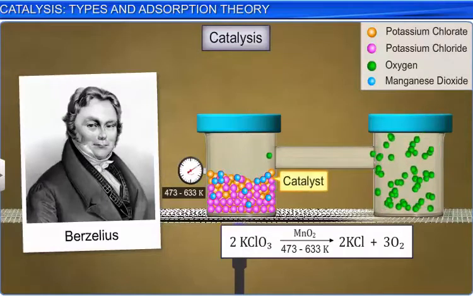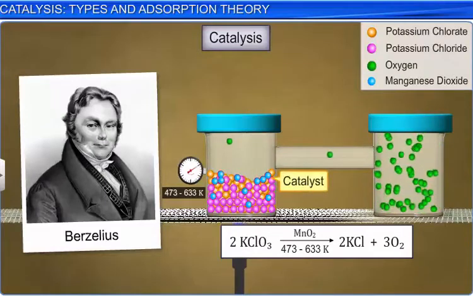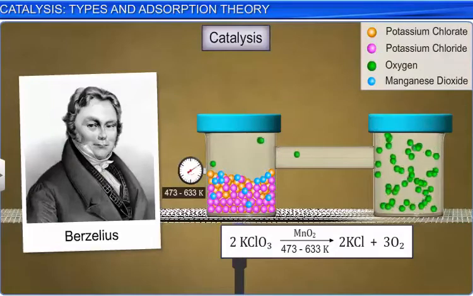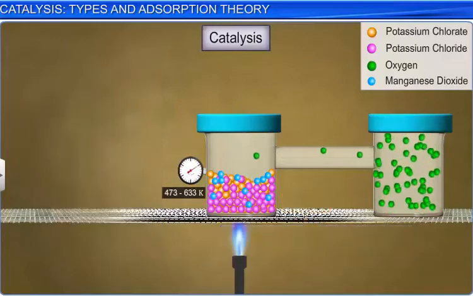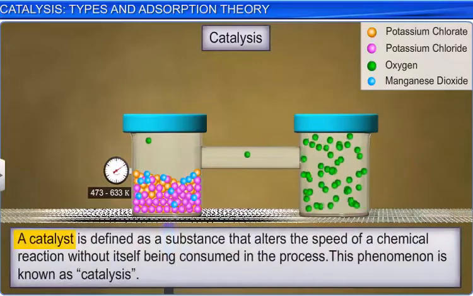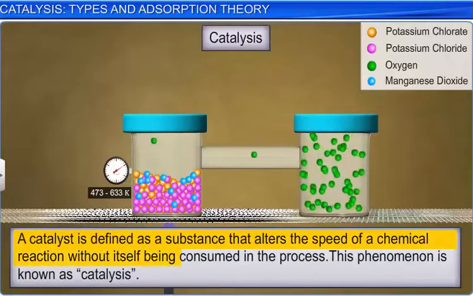Thus, we can say that in the decomposition of potassium chlorate, manganese dioxide behaves as the catalyst. A catalyst is thus defined as a substance that alters the speed of a chemical reaction without itself being consumed in the process. This phenomenon is known as catalysis.